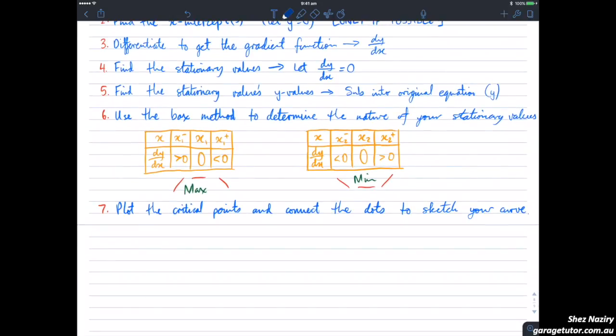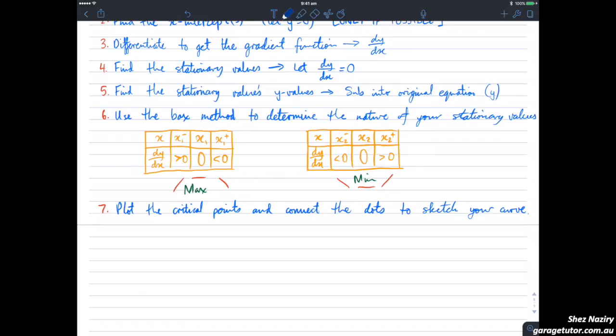Let me load up a problem here. All right, guys, 11.7 here.